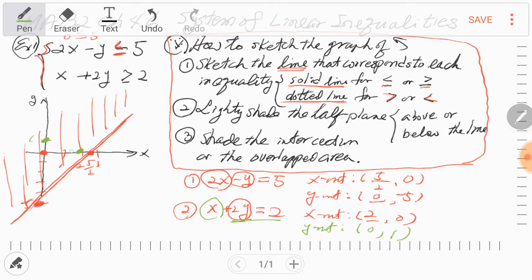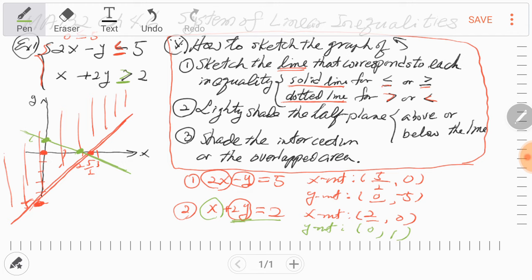And these are the x-intercept and y-intercept. So we will sketch the line. Since the second inequality contains the equal sign, we will use a solid line. So draw a solid line passing through these two intercepts.